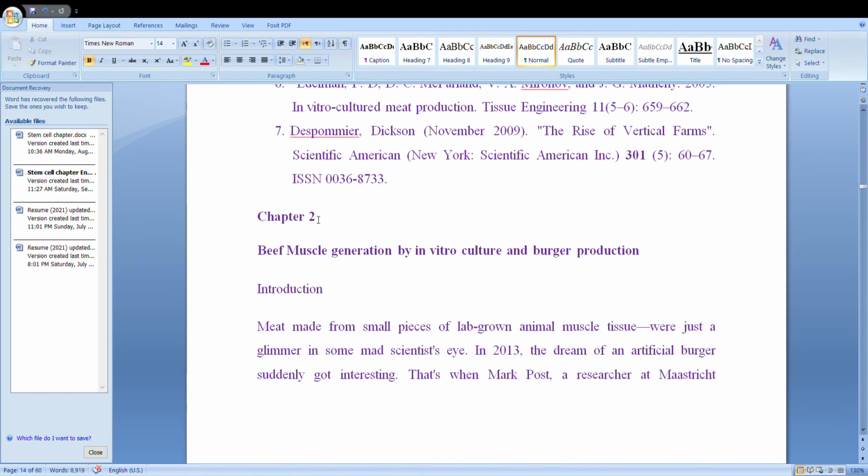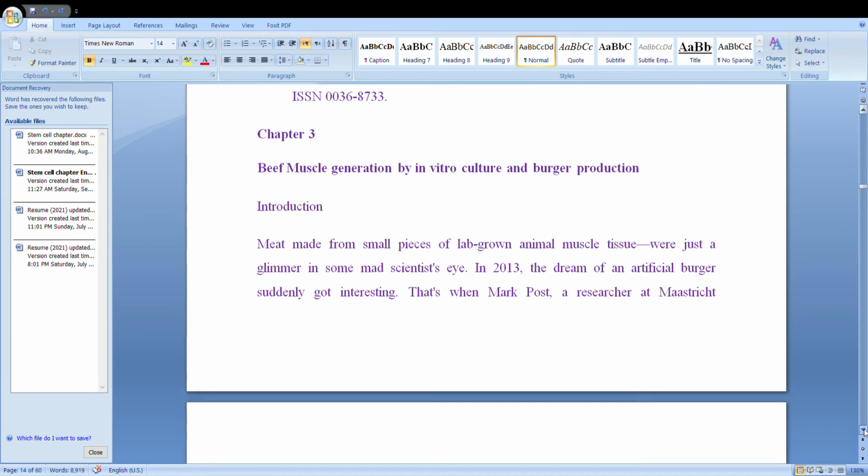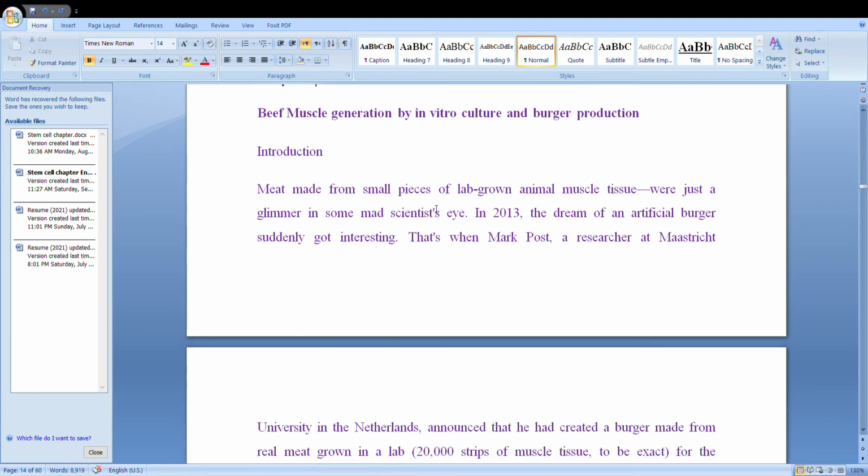This is chapter 3, beef muscle generation by in vitro culture and burger production. This is also new, burger production in the laboratory. Meat made from small pieces of lab-grown animal muscle cells was just a glimmer in some mad scientist's eye.